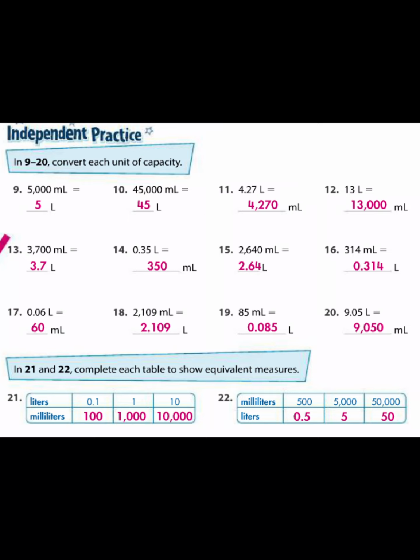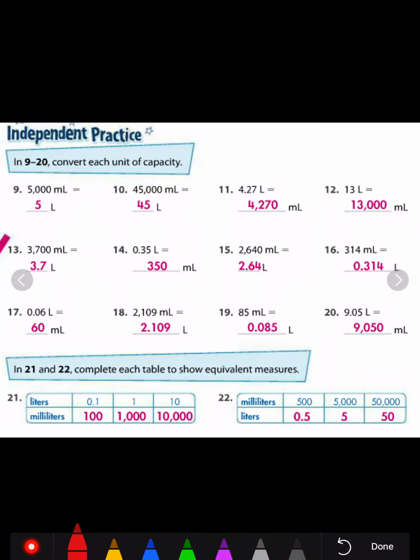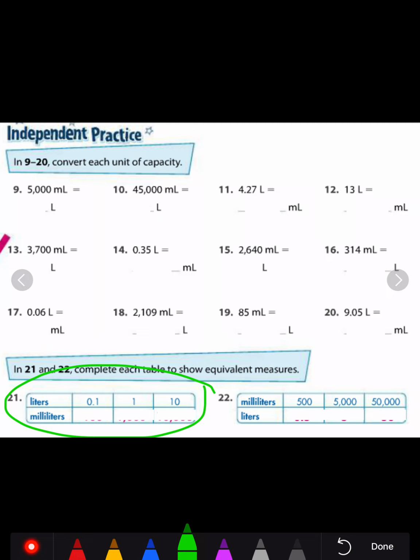Now, by the way, in this table, let me go back a little bit. We change from liter to milliliter in this example, so we just multiply by 1000. Here it becomes 100, because we move the point to the right 3 places, so we need to add 2 zeros.